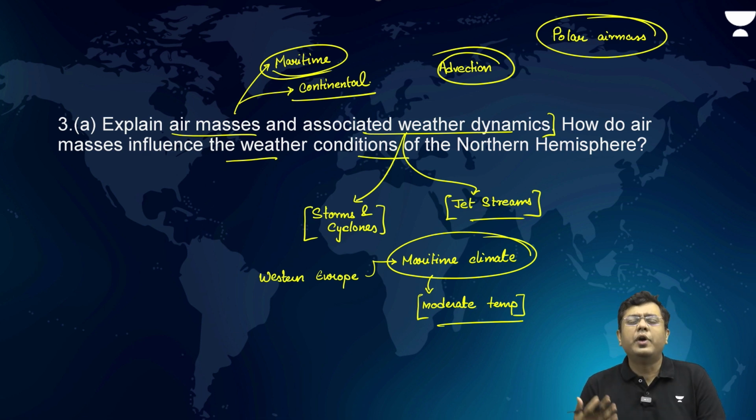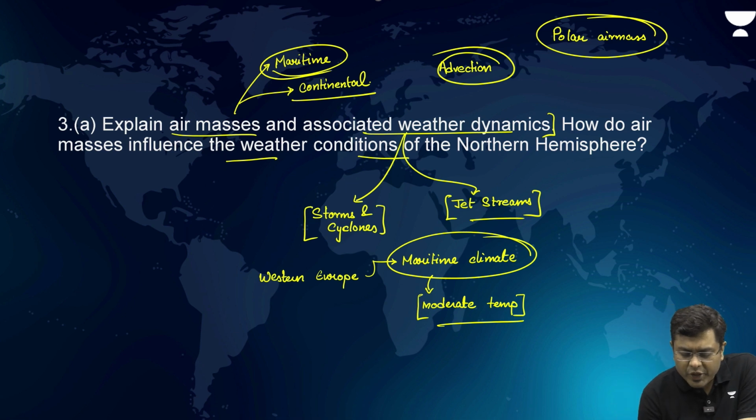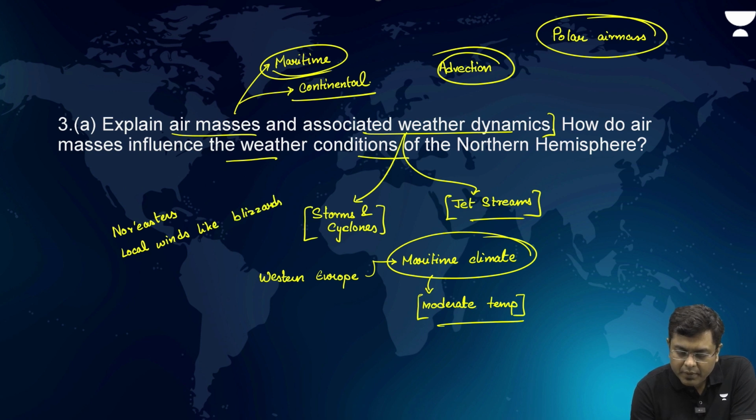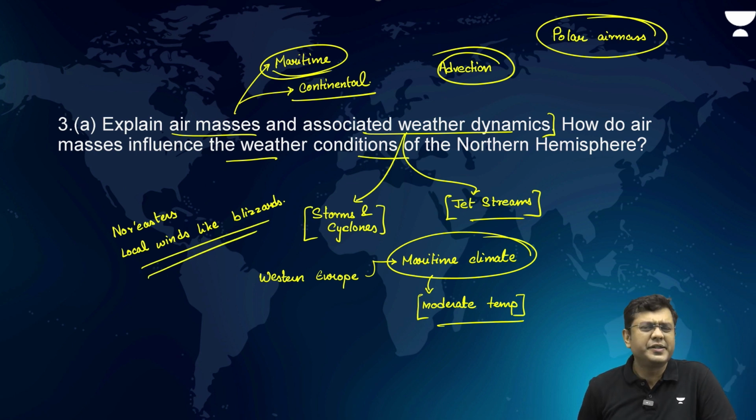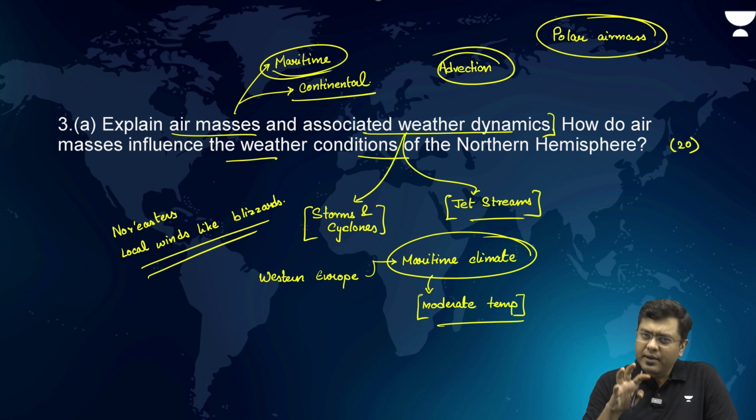These factors you have to further elaborate. Formation of nor'easters, right? Then local winds like blizzards, okay? All these factors you have to elaborate upon. So, again a straightforward question, definitely needed to be attempted, a 20-marker question. You had a lot of scope, and here a diagrammatic representation was required.